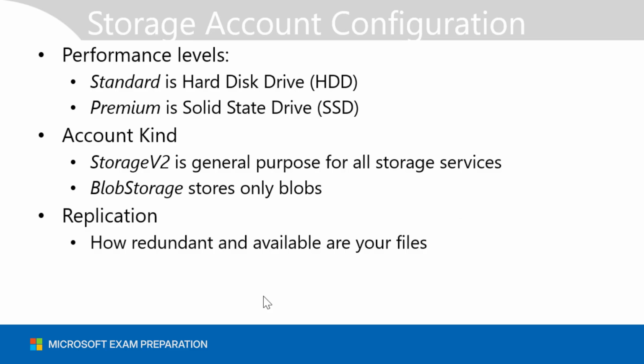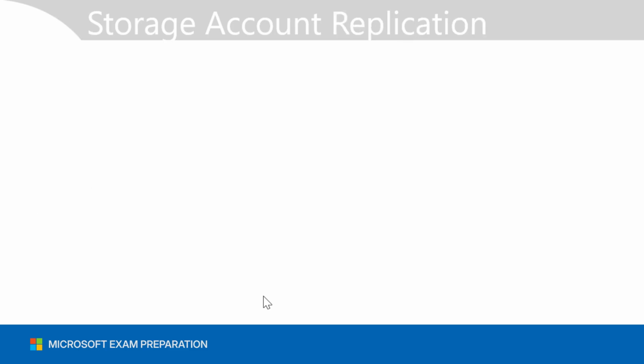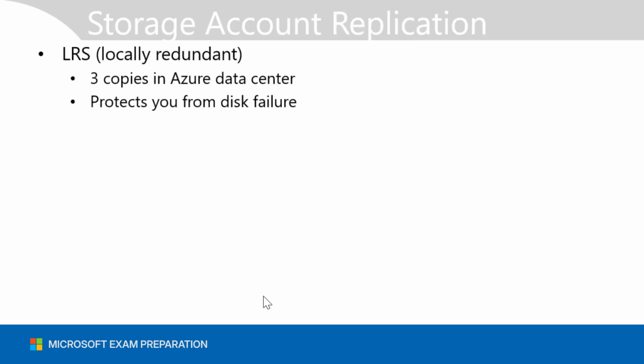You also make a choice about replication when you set up a storage account. This is an important choice. There are 6 different choices you can make for replication. Let's talk about them. The first is locally redundant storage, LRS. This is the least expensive. It means that there are 3 copies of your file in the Azure Data Center where your storage account is created.